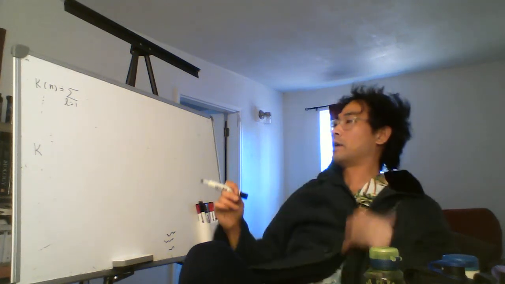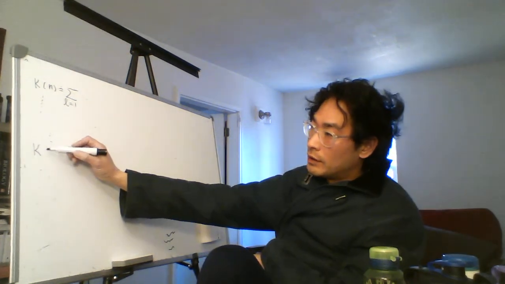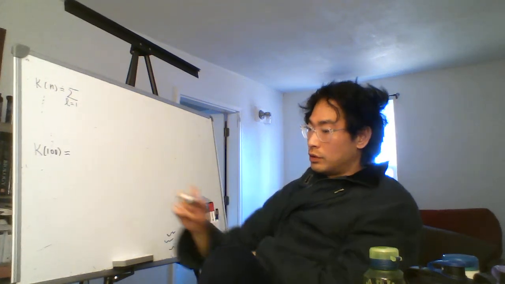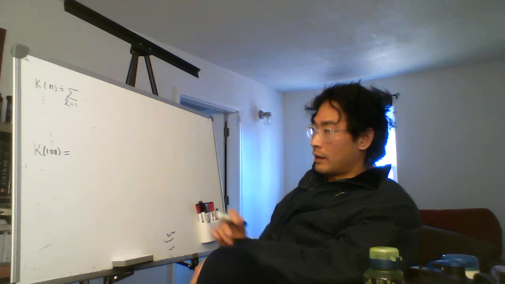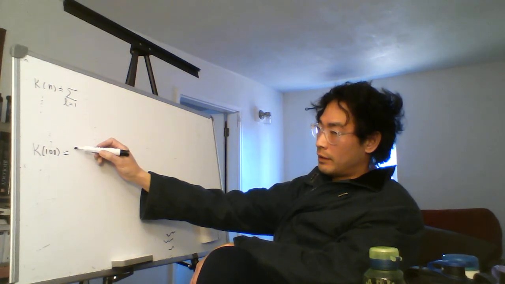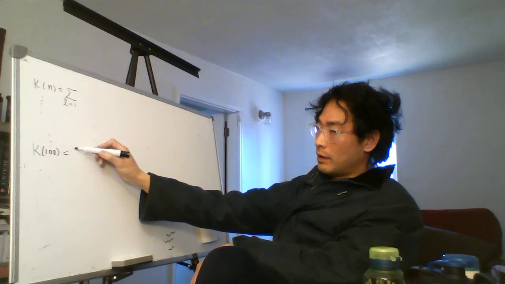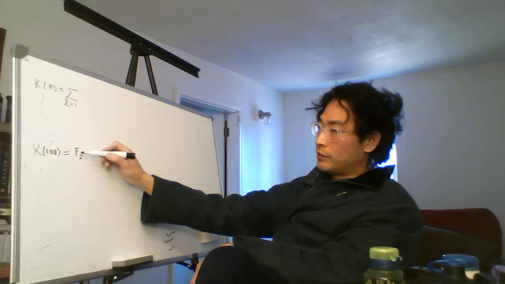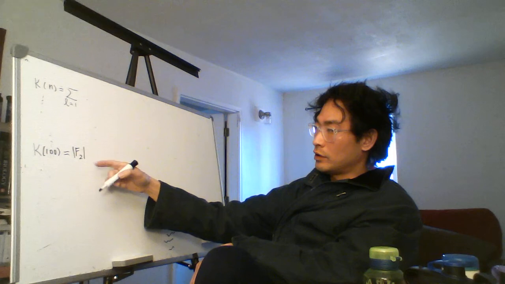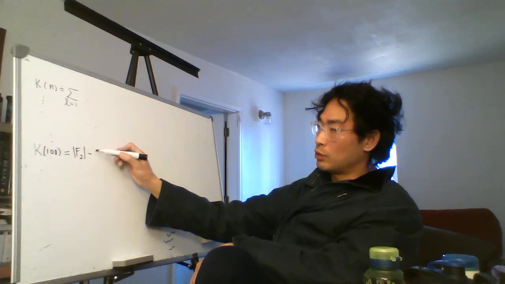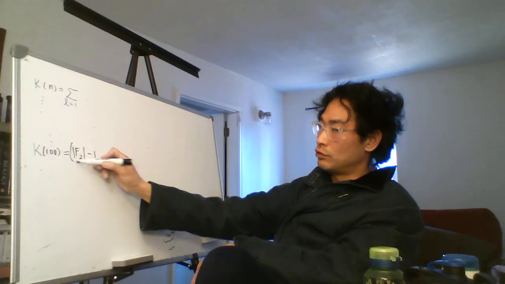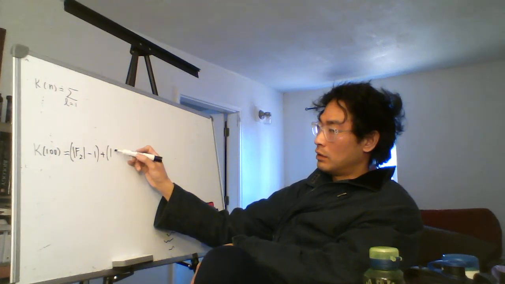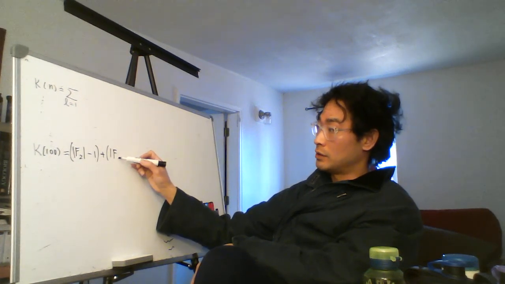Composite counting function kappa of 100 is equal to F2 filtered multiple set minus 1, because for 2 we have to exclude 2. 2 is a prime, not composite, okay?